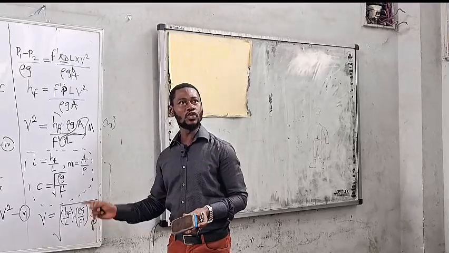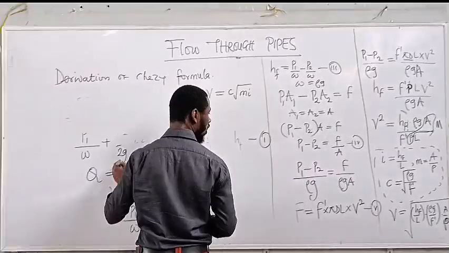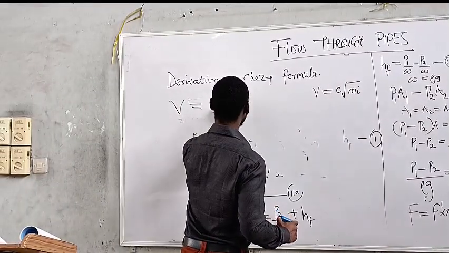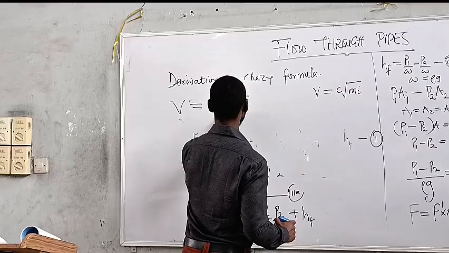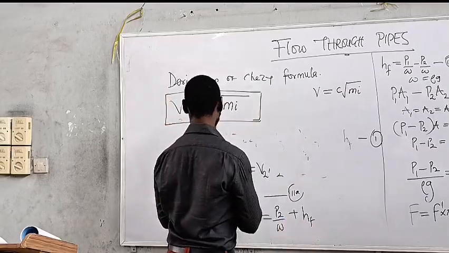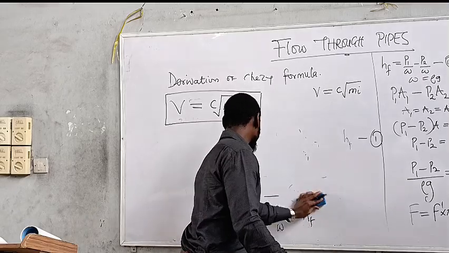Then when you find the square root, you have it as ordinary C. So the final equation now becomes V equals C into bracket M I. So that is the derivation of Chezy formula.